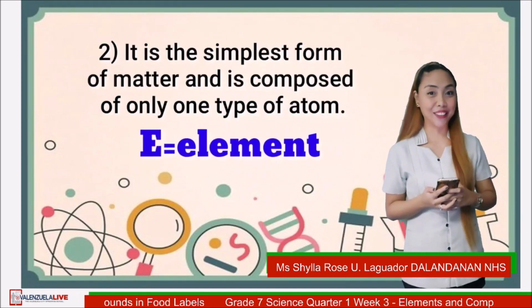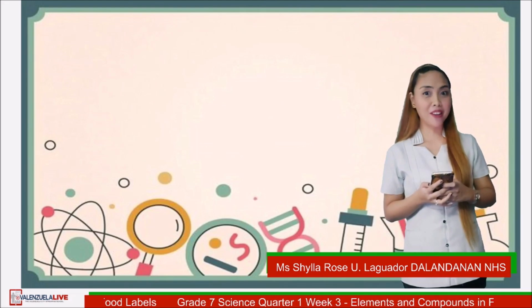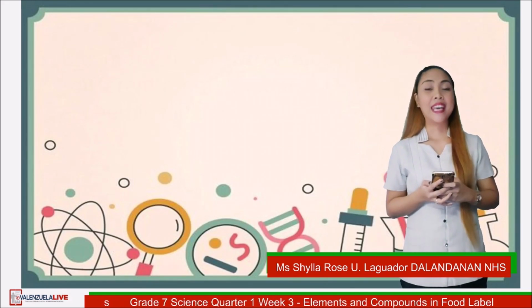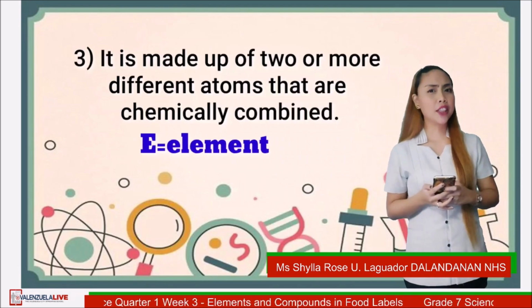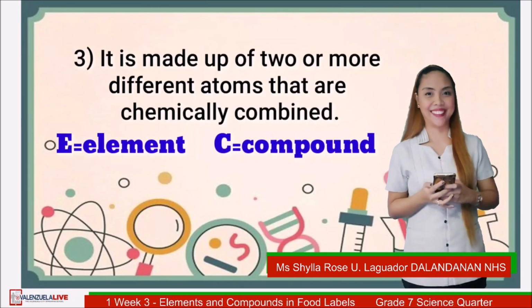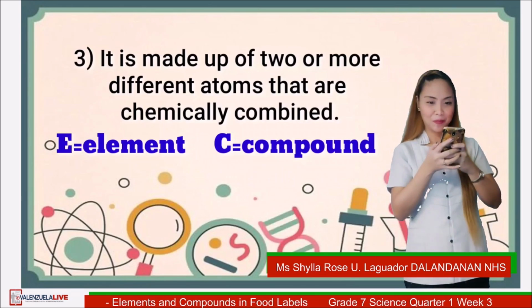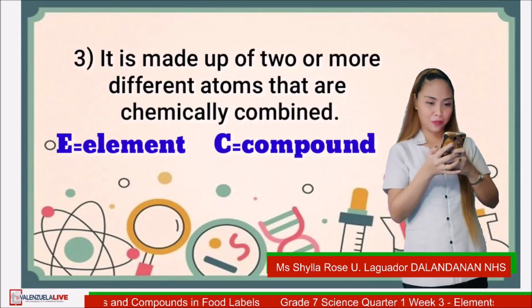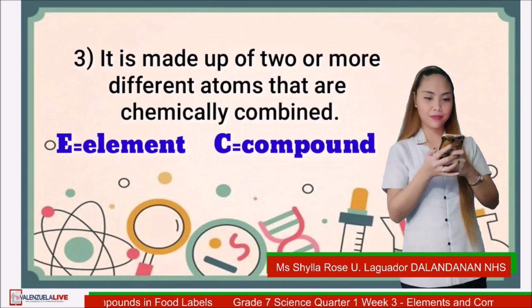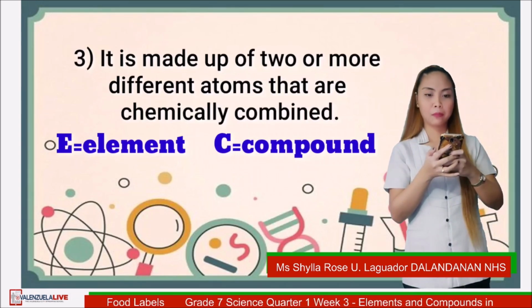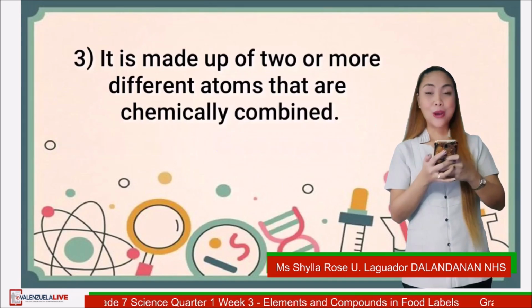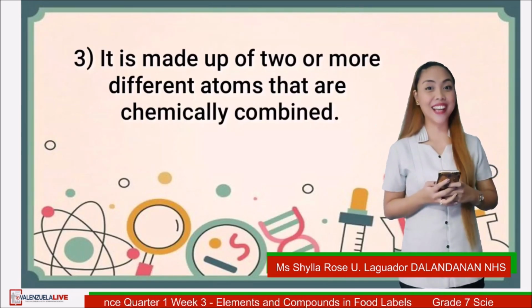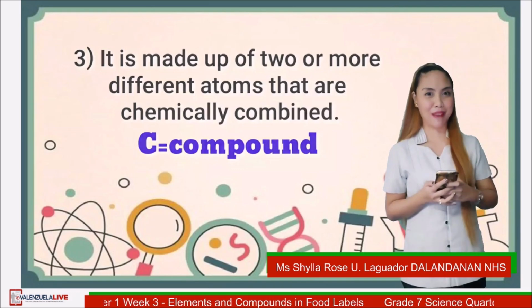The correct answer is letter E for element. What about number 3? It is made up of 2 or more different atoms that are chemically combined. Good job! The correct answer is letter C for compound.